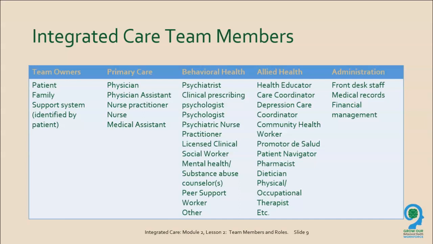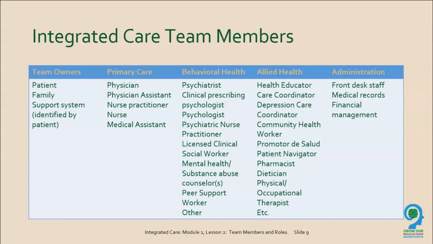Behavioral health consultants may be there, and there may be more than one involved in the care of the patient, depending on the situation. But some of the different roles you may see there are a psychiatrist or a clinical prescribing psychologist, both of whom can prescribe psychotropic medications. The clinical prescribing psychologist also provides therapeutic support. A psychologist provides therapeutic support.